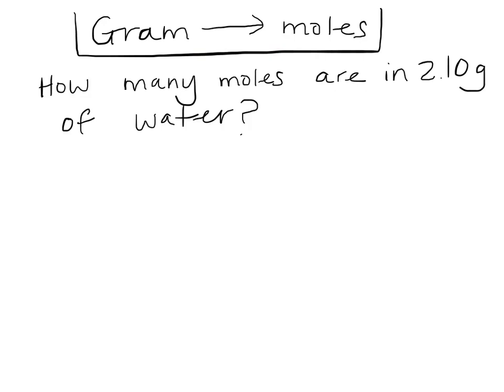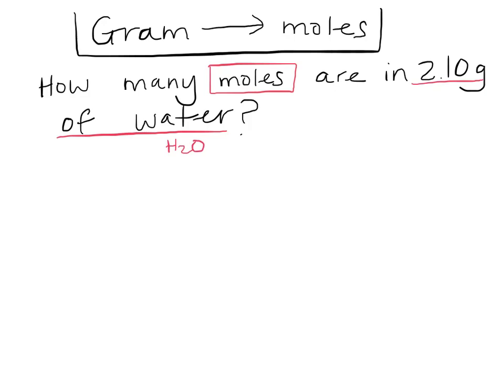So our first question says, how many moles are in 2.10 grams of water? I always start these problems by putting a little box around what my final answer is going to be, and my given is 2.10 grams of water. Of course the word is water here, but we need to know that the formula is H2O.